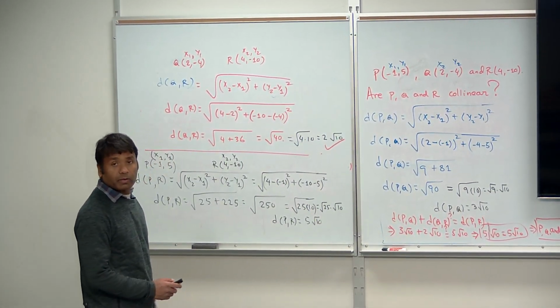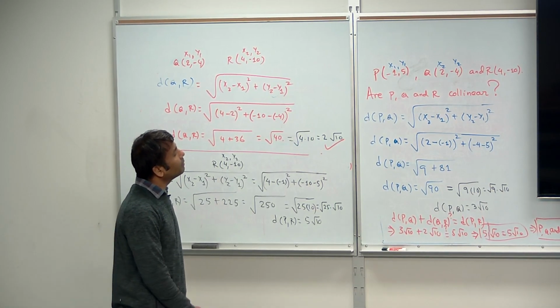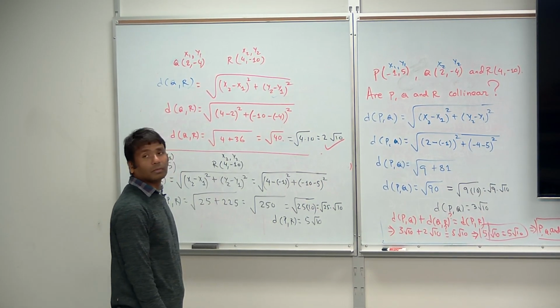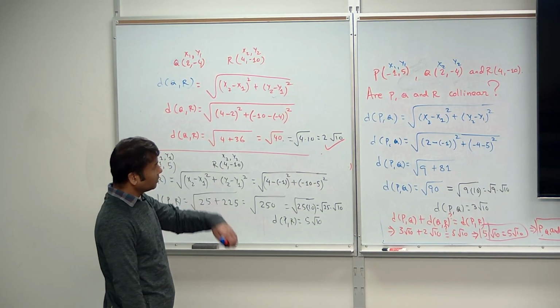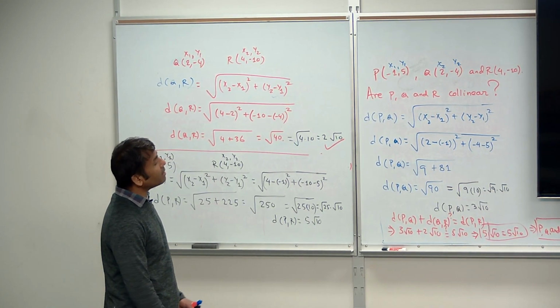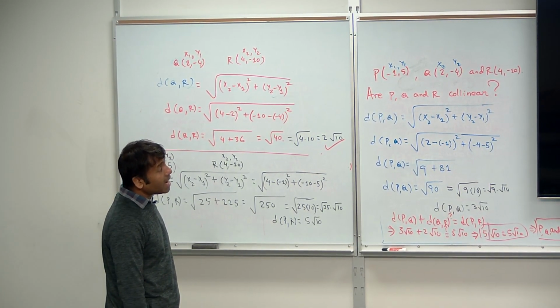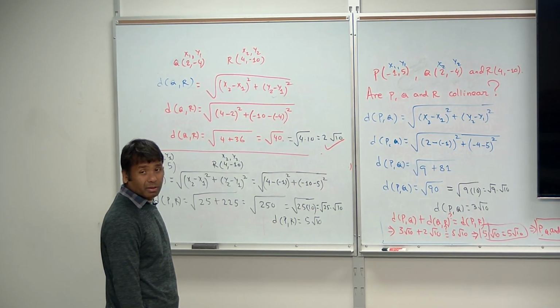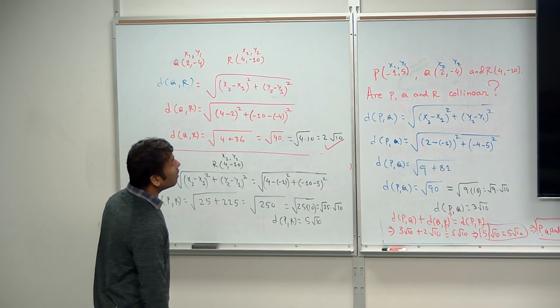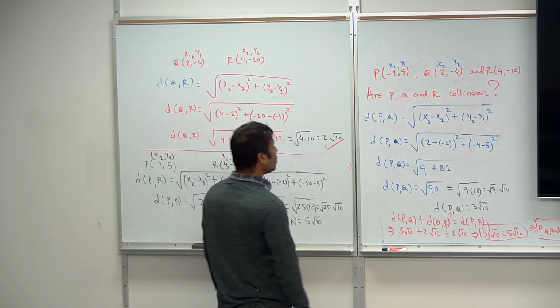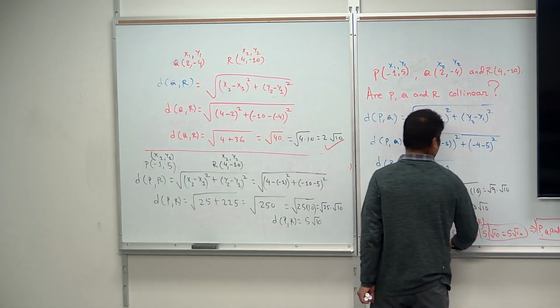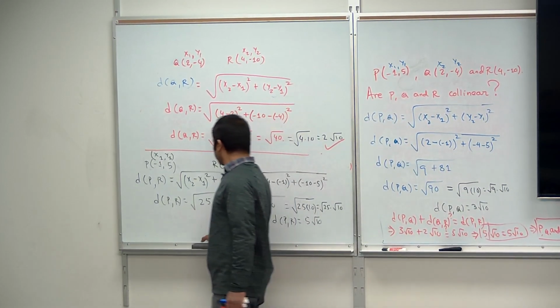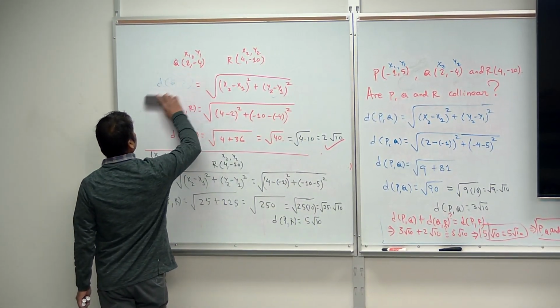So this is the midpoint formula, guys. Look here. You have the line segment with the endpoints P(x1, y1) and Q(x2, y2), right? And if you want to find the midpoint, we have this formula.